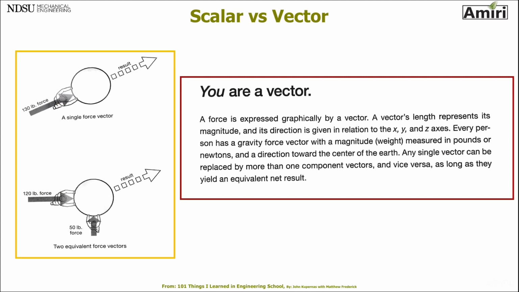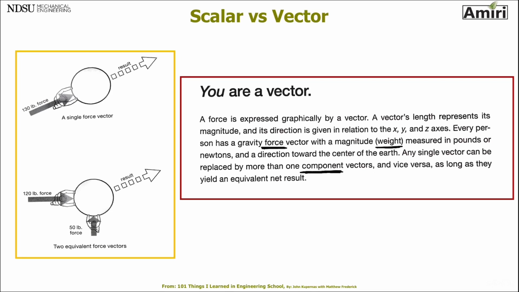Every person has a gravity force vector with a magnitude of the weight measured in pounds or newtons, and a direction towards the center of the earth. Any single vector can be replaced by more than one component. That's an important word, and I'm going to be talking about it in the next few minutes.